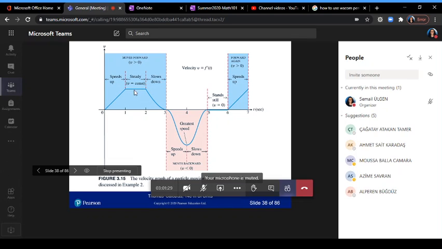Here, for example, the speed is constant. The v is constant, and v is greater than 0, it's not 0, so you are still moving forward, but with a constant speed. However, here the speed is increasing. It was 0 here, but it's increasing, so you are moving forward, because v is positive.